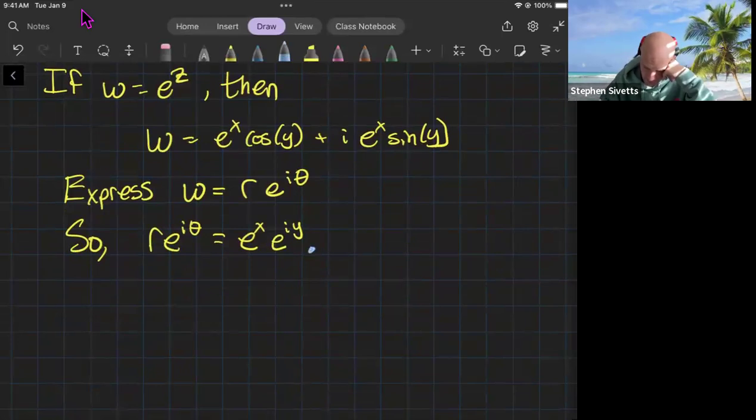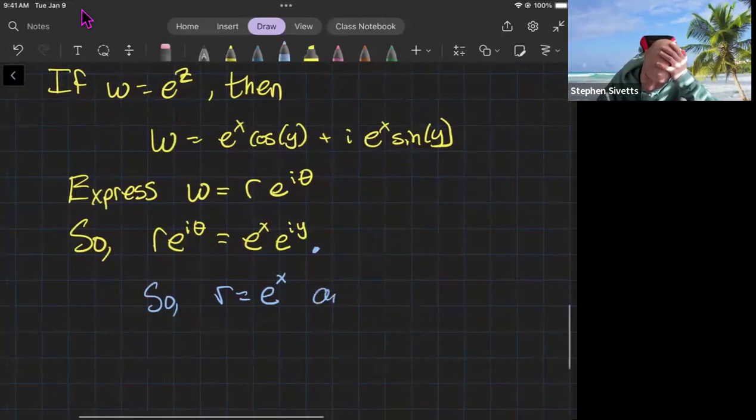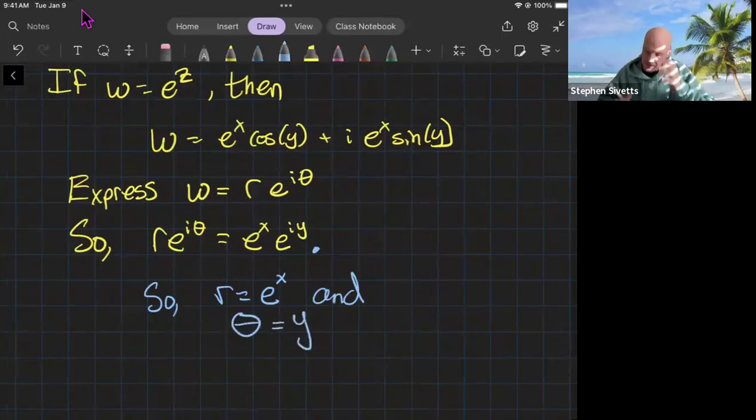Since these numbers are equal, the radius has to equal, so r has to equal e to the x, and theta equals y. Let's stop here.